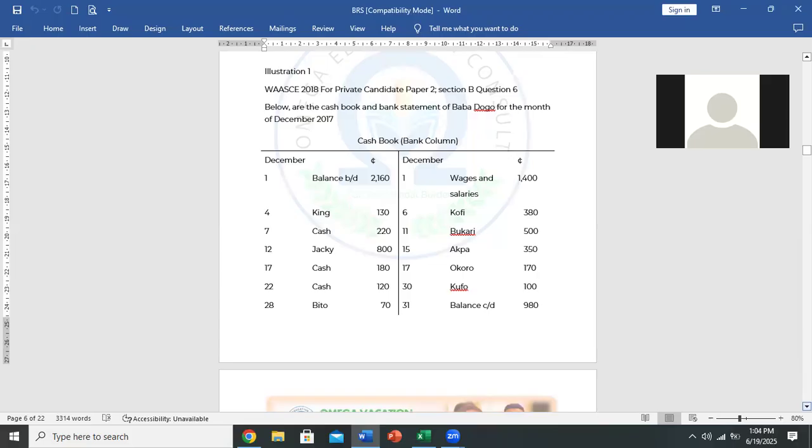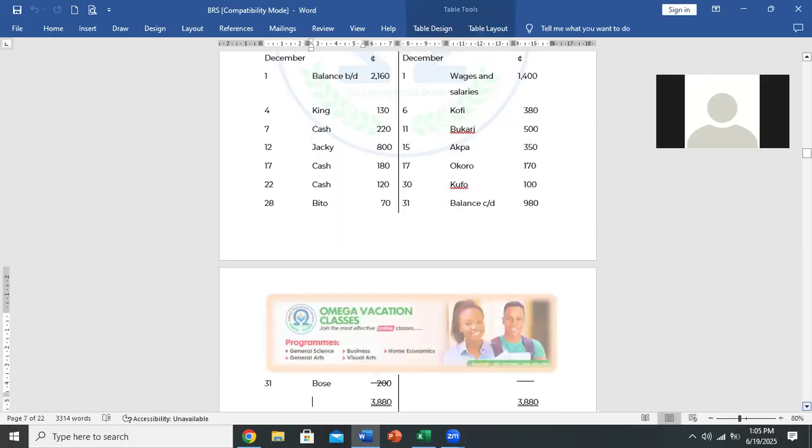December 1st, wages and salary, which is credited 1,400. 4th December, King, 130 cedis. 7th December, cash 220. 12th December, Saki 800. 17th, cash 180. 22nd, cash 120. 28th, Bitu 70. 6th December, Kofi 360. 11th, Bukari 500. 15th, Akba 350. 17th, Okoro 170. 30th, Kufu 100. And 31st, balance carried down 980.